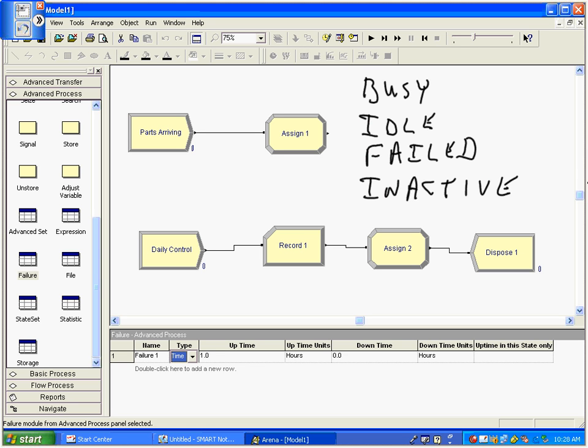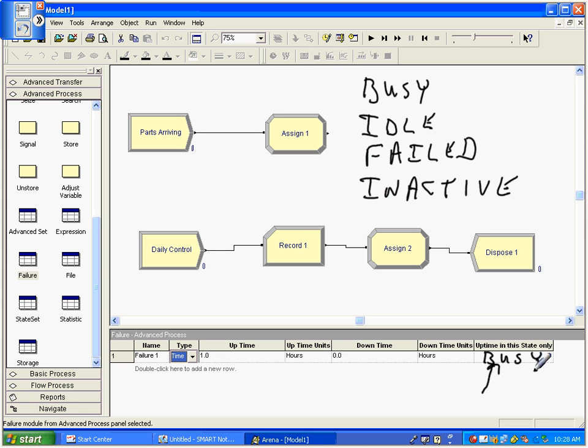So your operating time is obviously when it's busy. So in this parameter, you should put busy. And that means that the random time is only going to count while it's in the busy state instead of just calendar time.